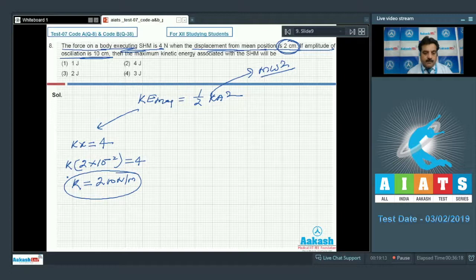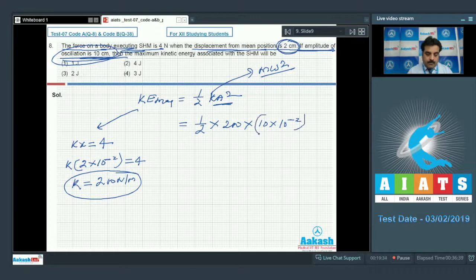So I have the value of K. So if I use this relation once again, 1 by 2, the value of K is 200, and I need the value of amplitude, and that is 10 centimeter. Amplitude was given, so we'll write in terms of meter, 10 into 10 to the power minus 2 whole square. So when you calculate, we'll get 1 joule only. So by this calculation, I can say my option number 1 will be the right choice.